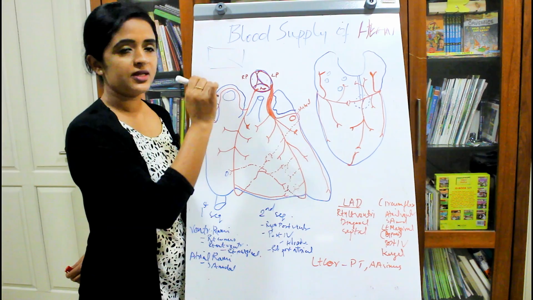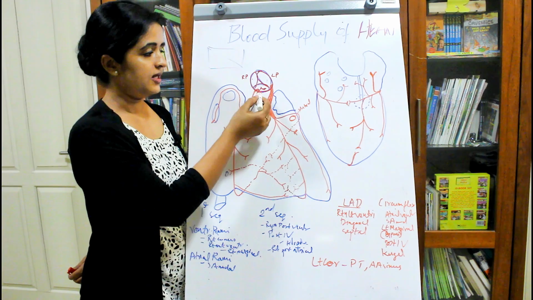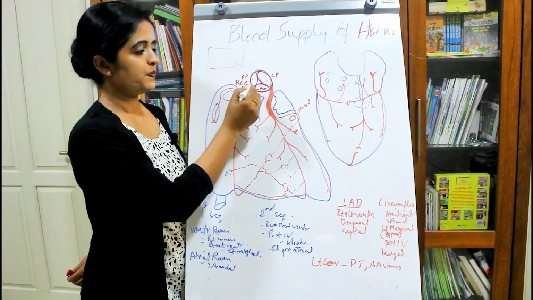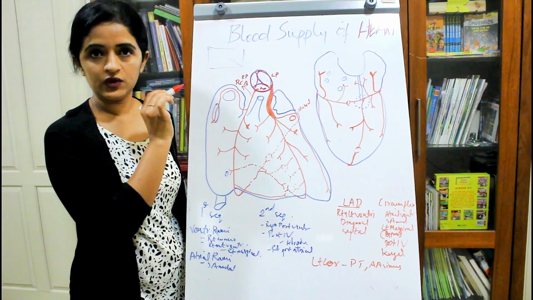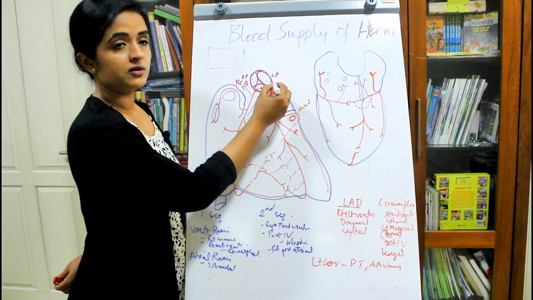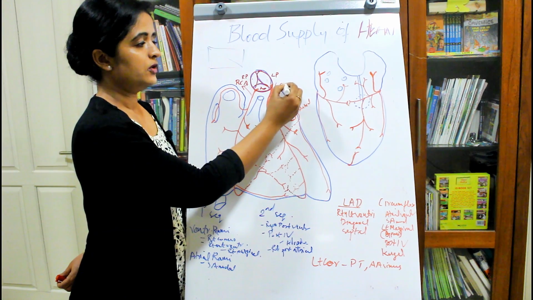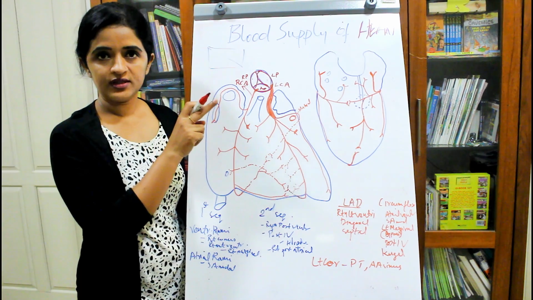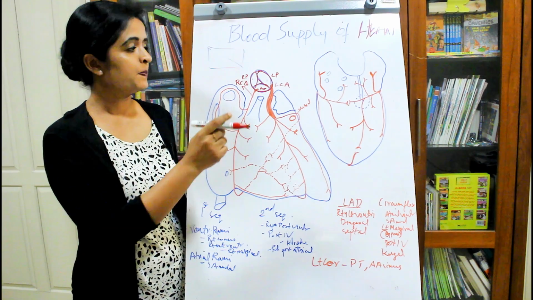And from each sinus, not all the three, from the anterior aortic sinus you have the right coronary artery originating, and from the left posterior aortic sinus you have the left coronary artery originating. So you have two aortic sinuses from where you have the two coronary arteries originating.